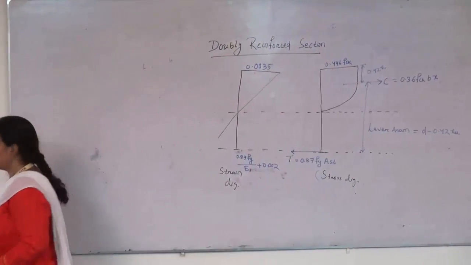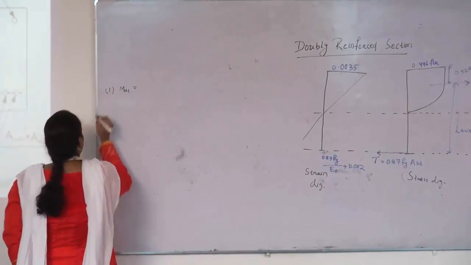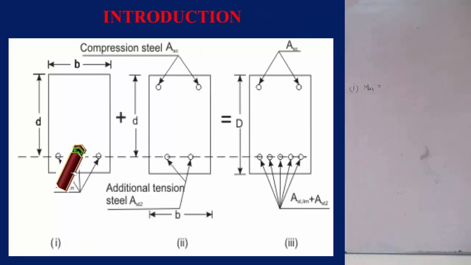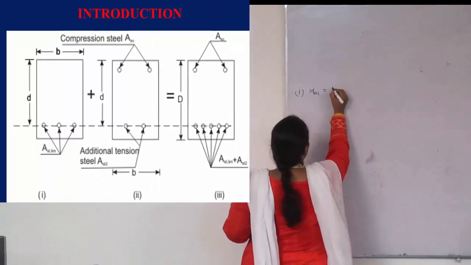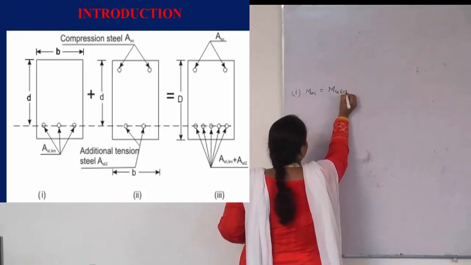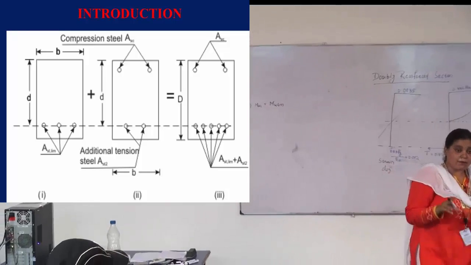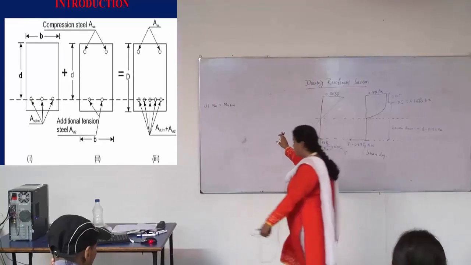For the first beam, the first singly reinforced beam, you are going to find out Mu1, which is equal to Mu limit, because here we are finding the moment of resistance of the singly reinforced section. That is Mu1 equal to Mu limit.